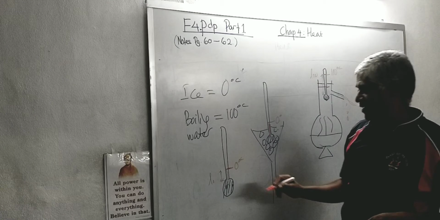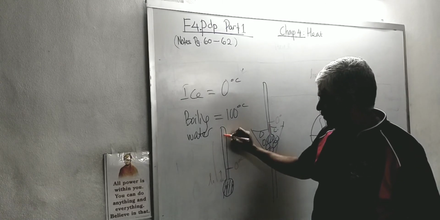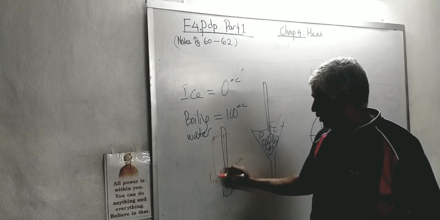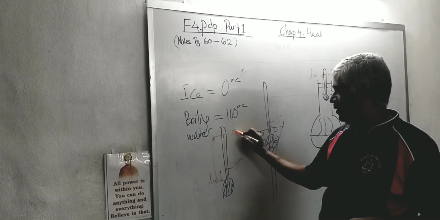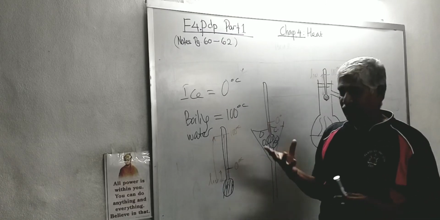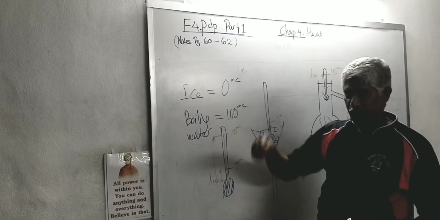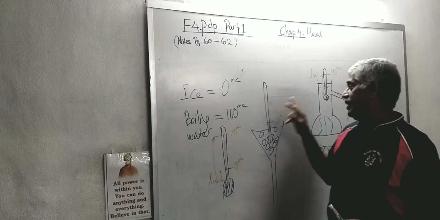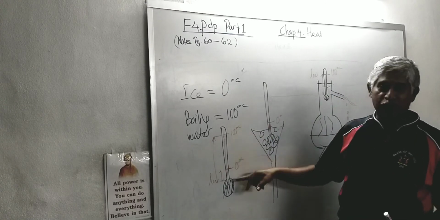The length is L100 from here to here. So these are the two reference points that we got already. Naturally, you take a blank thermometer without scale, you put it into the ice, after some time you mark it, then the same you mark here. So you got two different points already.